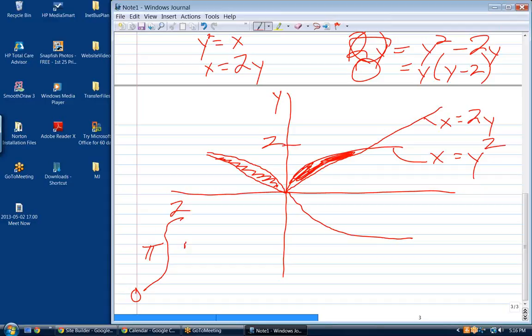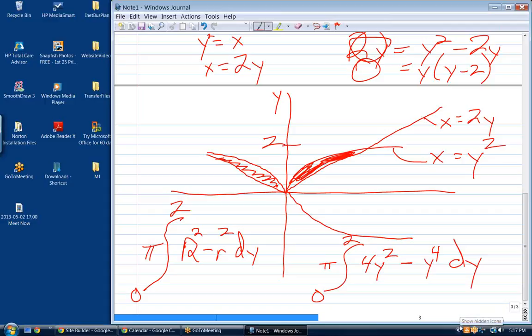So this is the outside radius squared minus the inside radius squared, dy. So it's 2y squared minus y squared squared. 2y squared is 4y squared, minus y to the fourth, dy.